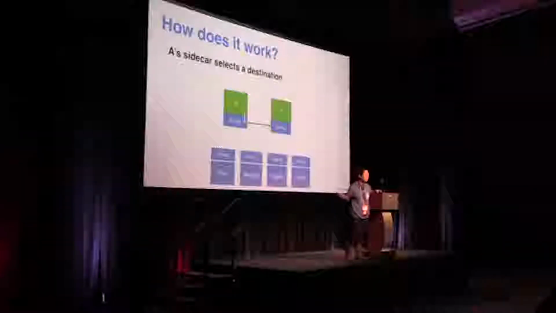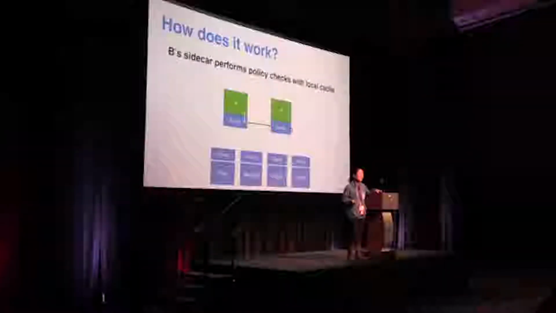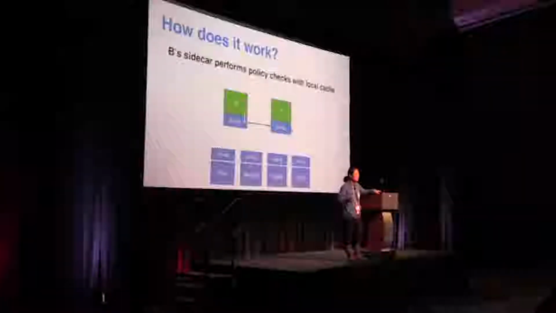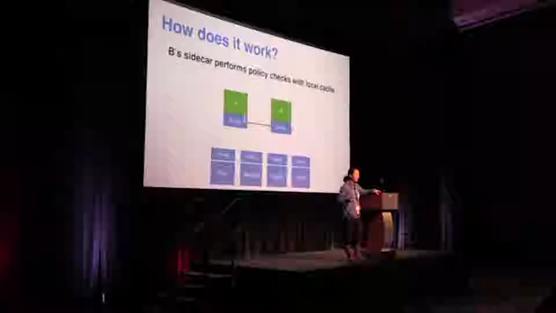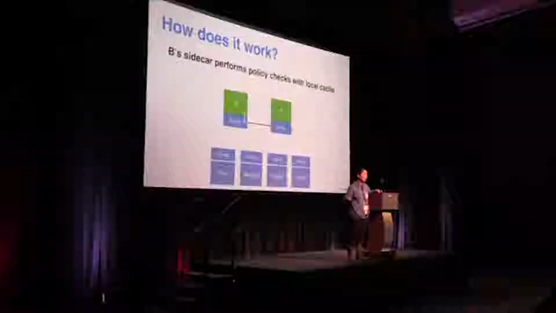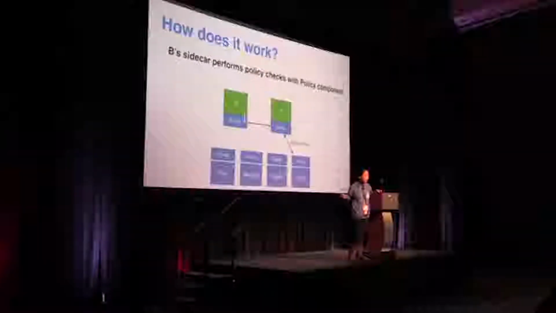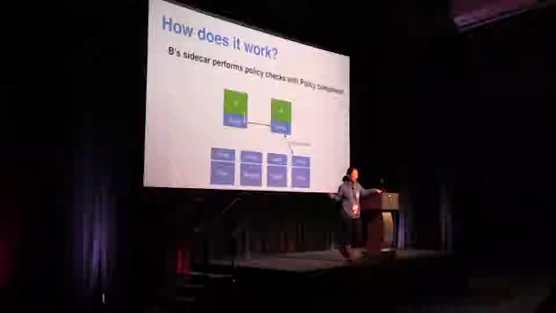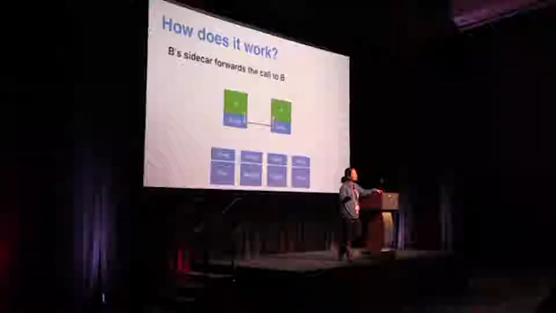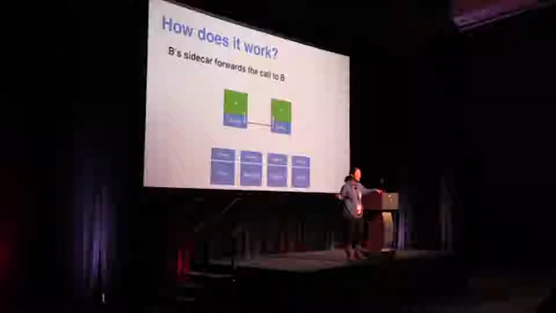When the traffic goes to B, it goes to B's sidecar first, and the Envoy sidecar on B checks: is A even allowed to talk to B? Am I going to allow the request through? That's what the policy check is for, and then it forwards the traffic to B if it's allowed.